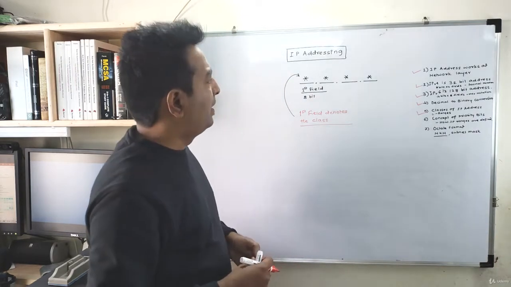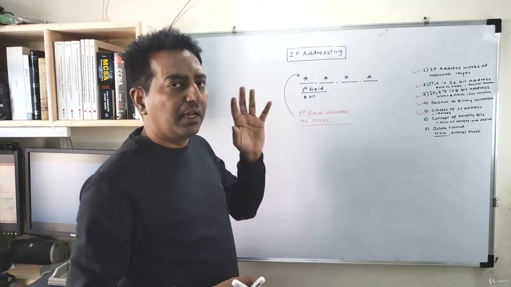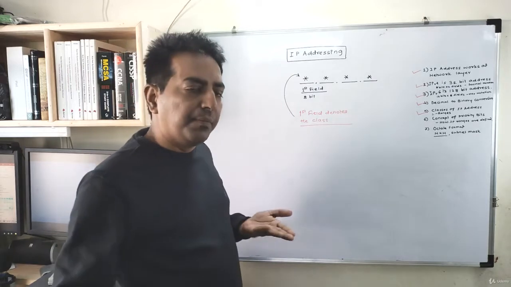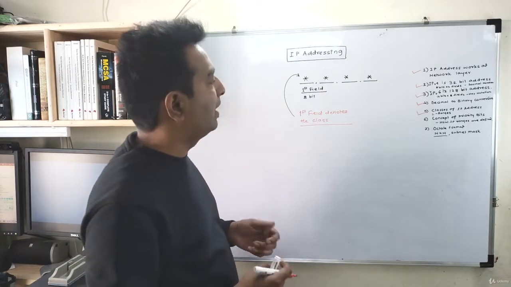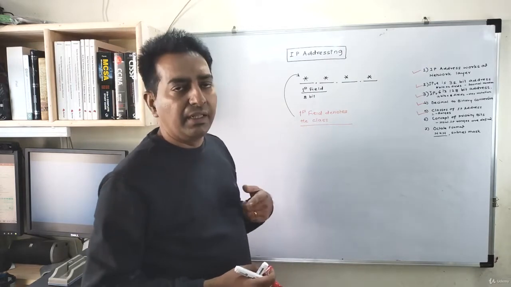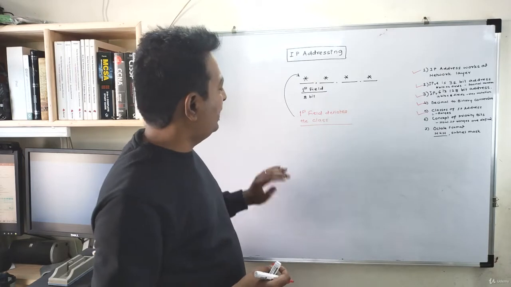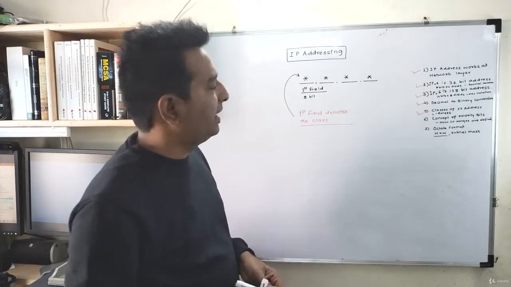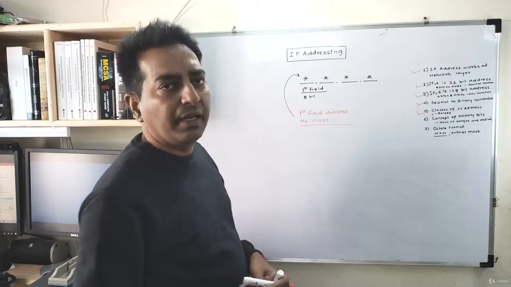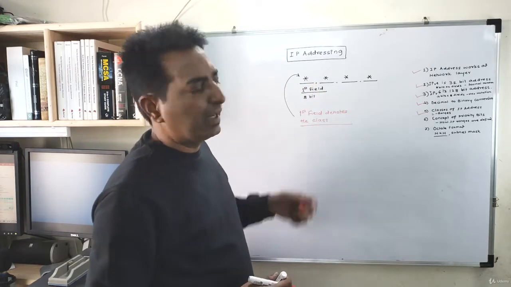This is not the only parameter. There is also the subnet mask that you need to consider while understanding the class of an IP address. But for the time being, to give you a basic idea, you can identify a class by looking at the first field of the IP address.